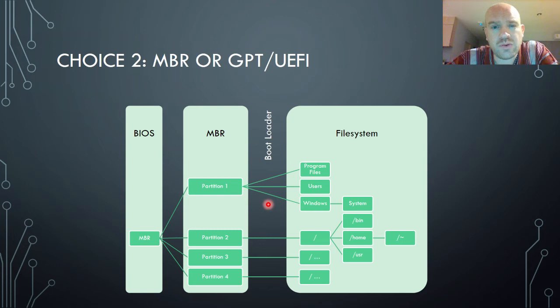The second choice we need to make is, do we want MBR or GPT? Now, if we're going to keep Windows, Windows already made this choice for us. In my case, GPT is already selected. But actually, I want to select GPT anyway because, well, MBR is only 4 partitions.